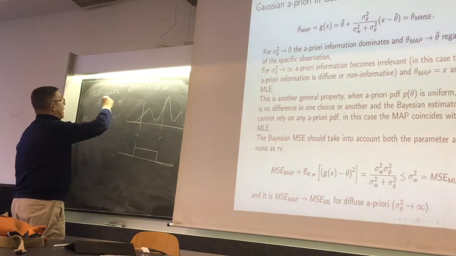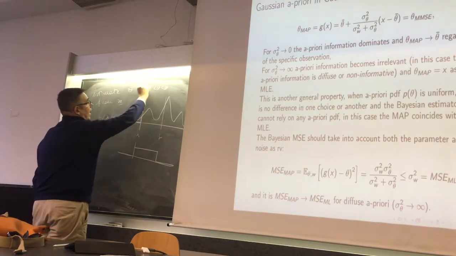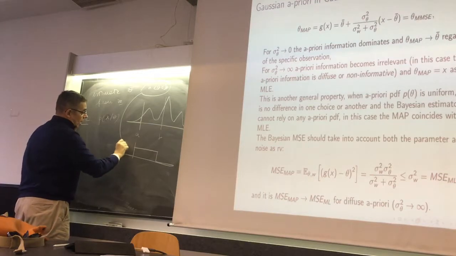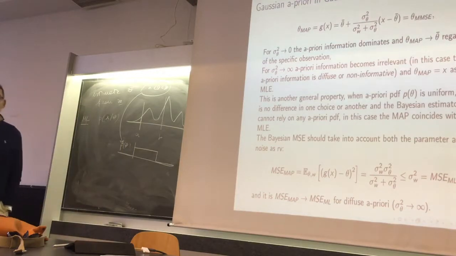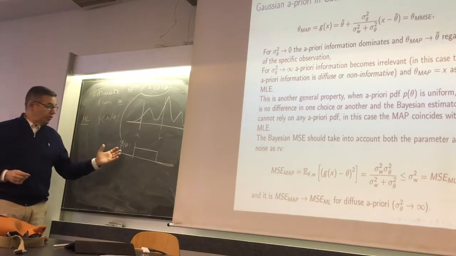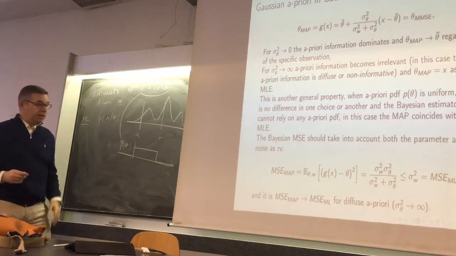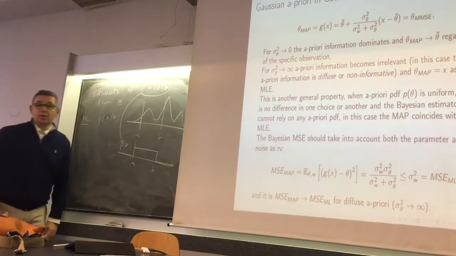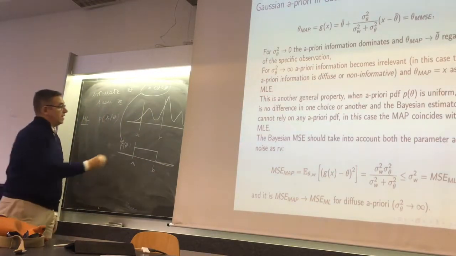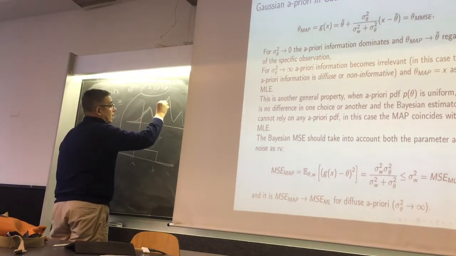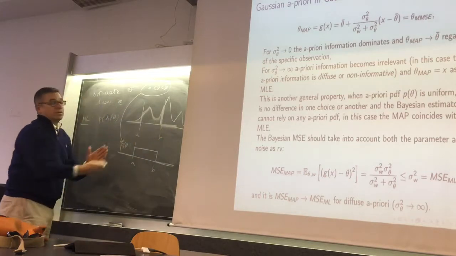Because when I say estimate theta between A and B, I represent this information as a uniform a priori probability between A and B, multiplying the conditional PDF such that the search is only carried out in this interval.